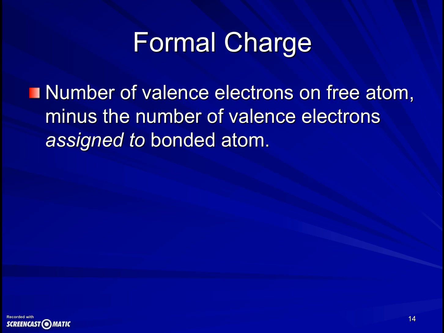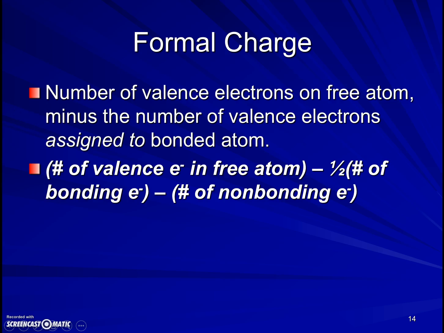We take that number for a particular atom and subtract the number of valence electrons assigned to the bonded atom, and that's a very key word. We have to define what we mean by assigned. An electron is assigned to the atom if it's one of the bonding electrons, and here's the definition. In a bond, as far as formal charge calculations are concerned, half of the electrons in each bond are assigned to a particular atom.